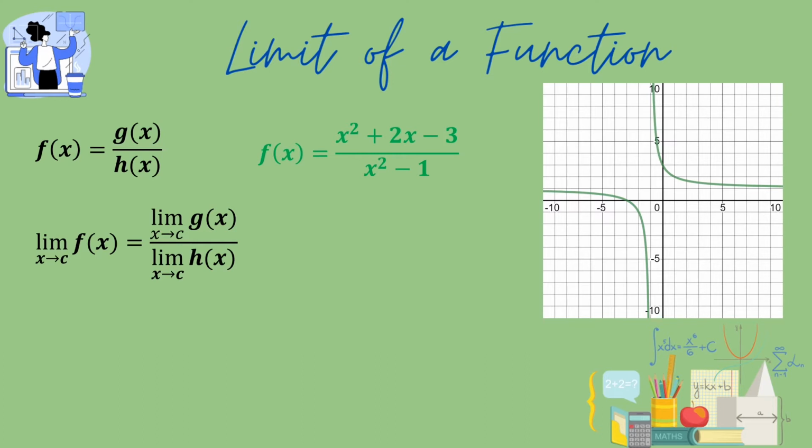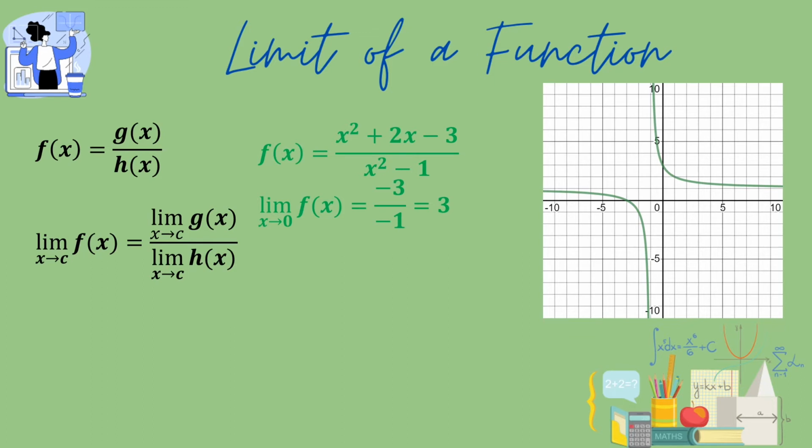If we take the limits of the numerator and the denominator by substitution, since both are polynomial functions, we will obtain negative 3 over negative 1, which is also equal to positive 3. In this case, the same algebraic technique applies since f has a function value at c.